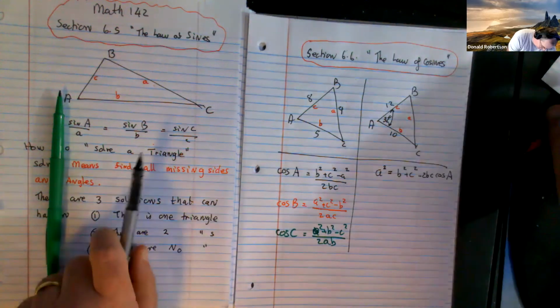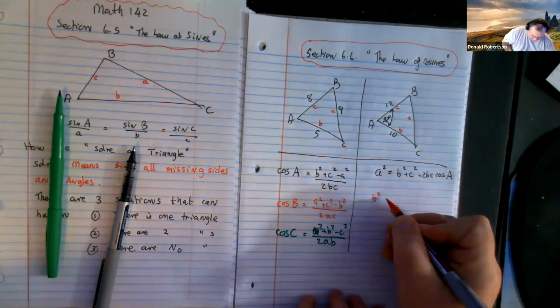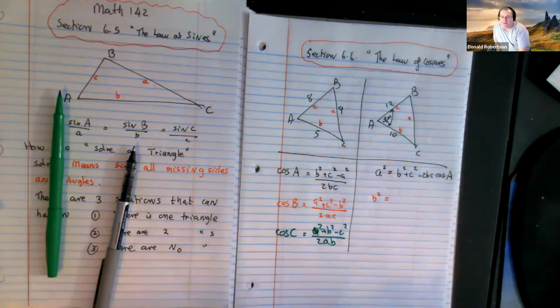Again, it's all to do with parts. Suppose I wanted to find little b, right? So I knew what A and C was, and I was trying to find little b. So I would use a formula that would be b squared equals. I need to know what that guy's going to be.